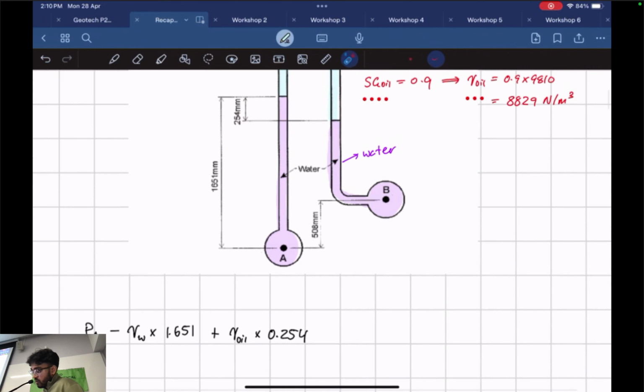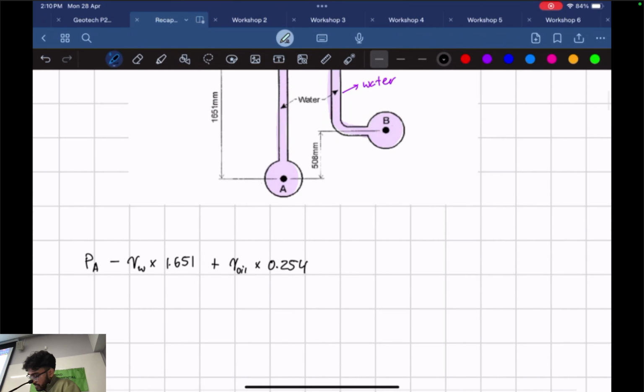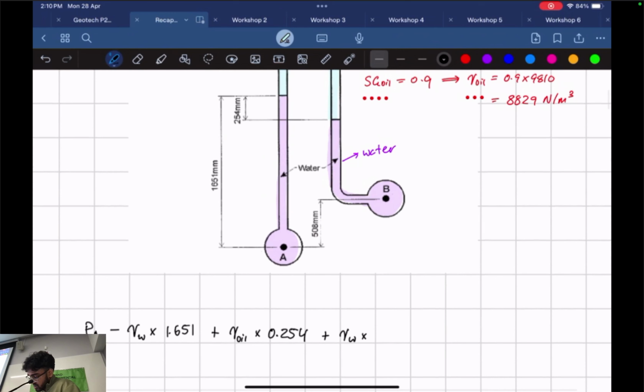Okay, we've got one more block we have to worry about. It's going to be the second water. We start at a point here and end at point B. Pressure difference positive or negative? Positive, perfect. Plus the unit weight of water times the height difference, which is this minus this.